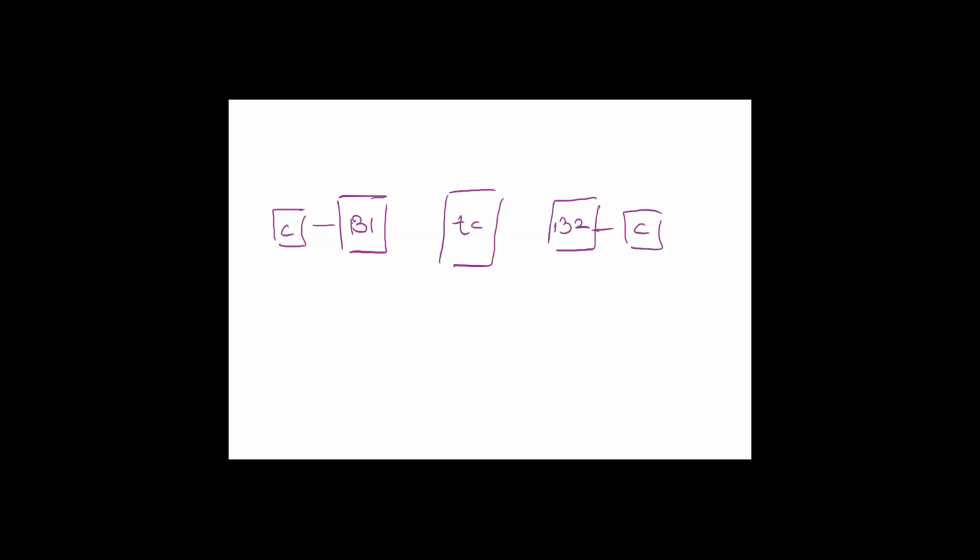I'll draw this up. So this is branch 1, and then you have branch 2. This is the traffic conditioning one. Here there is one client, and there is another client.